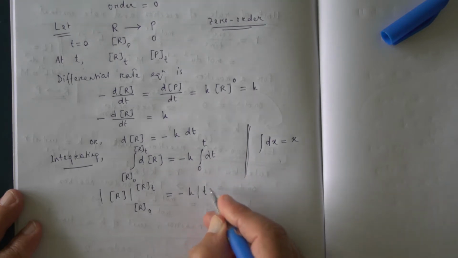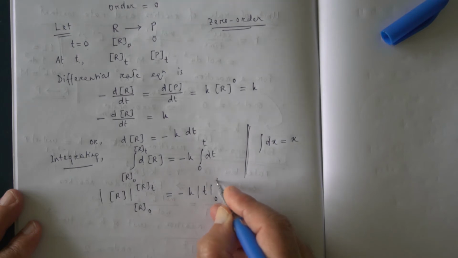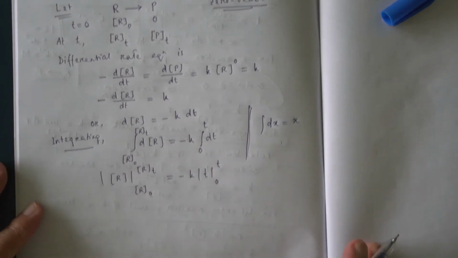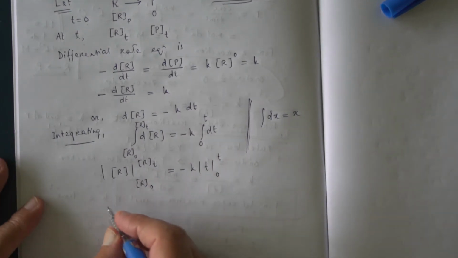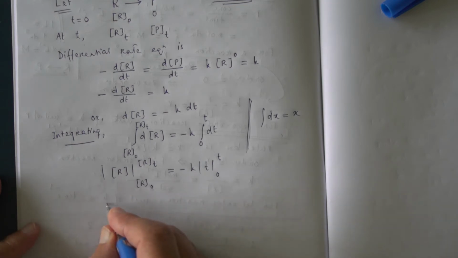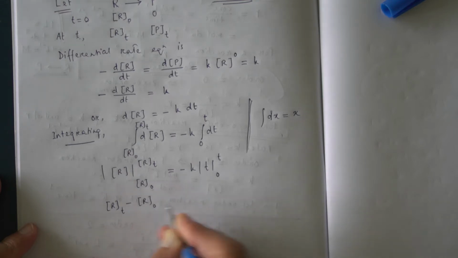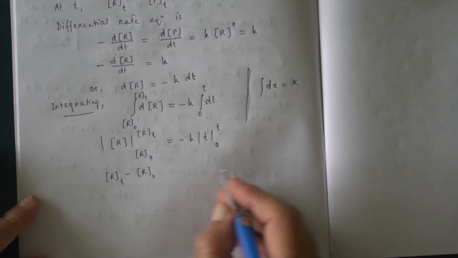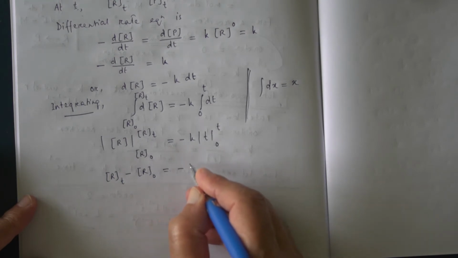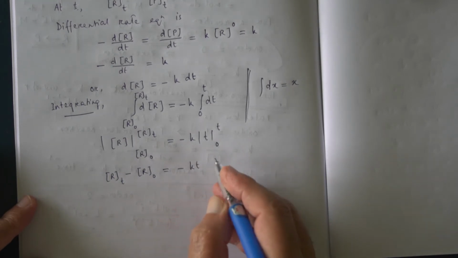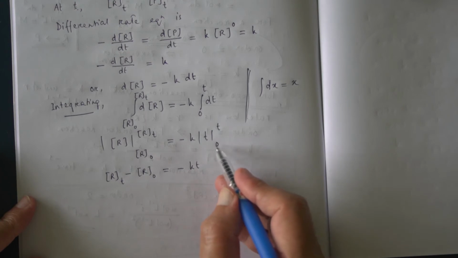If you put the limits, it will be Rt minus R naught equal to minus kt minus 0.